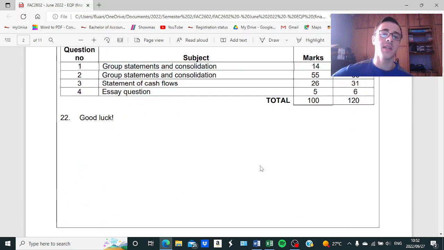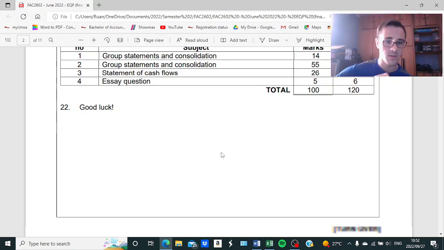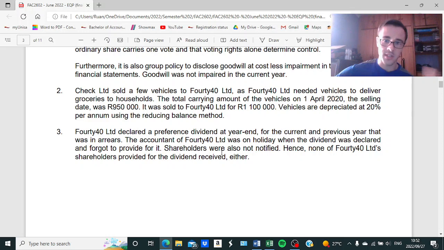And as I've said in my previous video, it is important for you to adhere to the time limit for each question. Otherwise, you will run the risk of not finishing the paper at all and not getting to questions where you could have earned easy marks. Because let's be honest, not all the questions are supposed to be difficult.